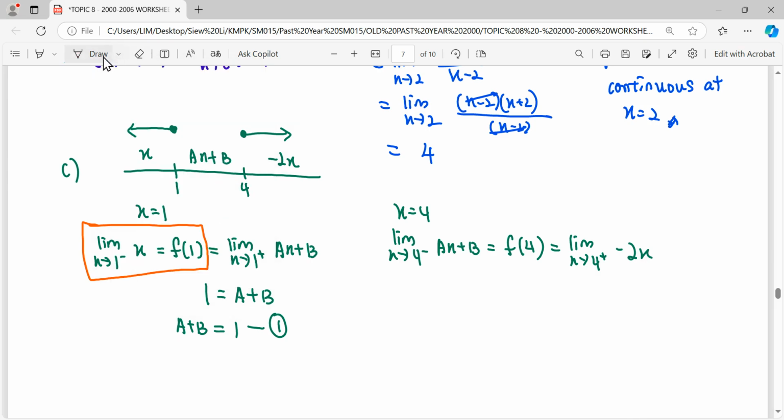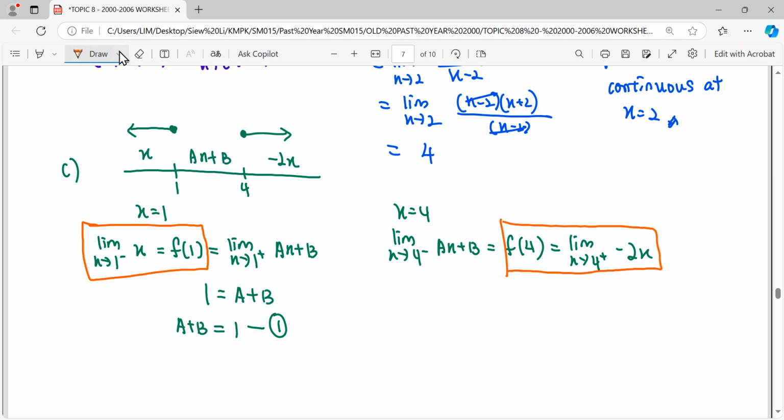We observe here the point follows negative 2x, so the point and the right hand side function are definitely equal. We just want to make sure our calculation for the left hand side also equals this part. So substitute x equals 4 here, and we get the second simultaneous equation.